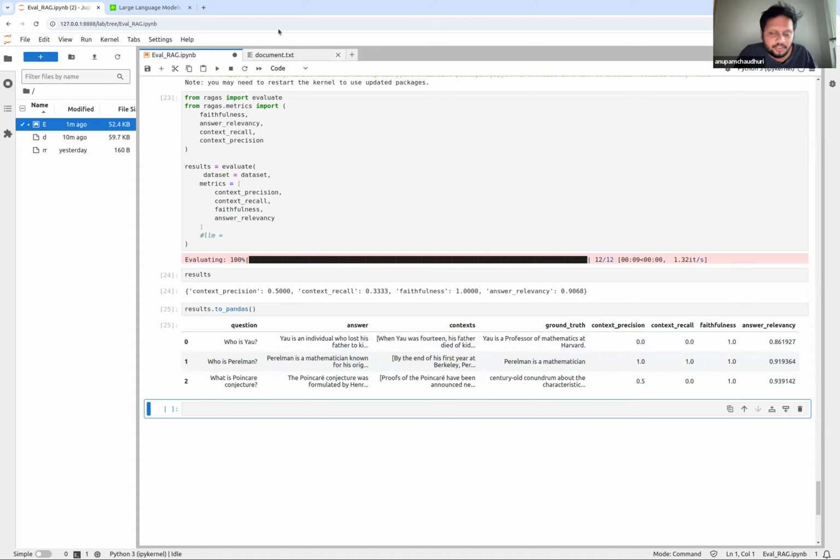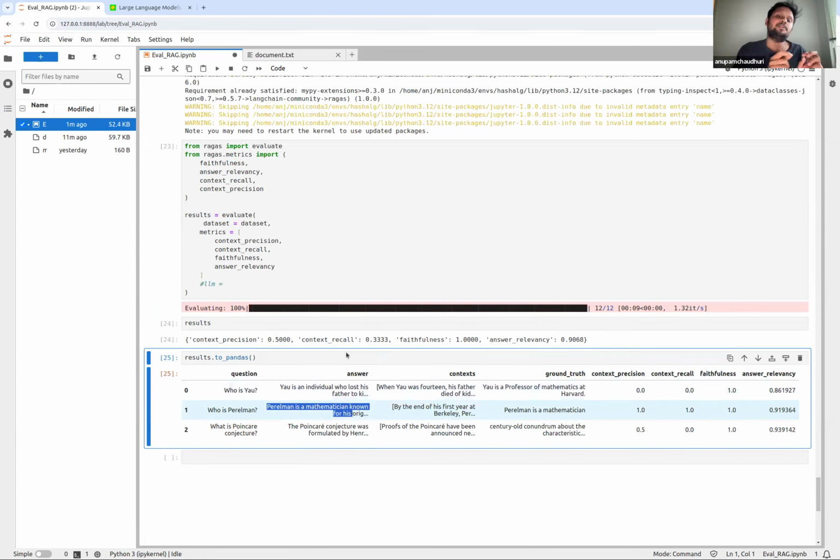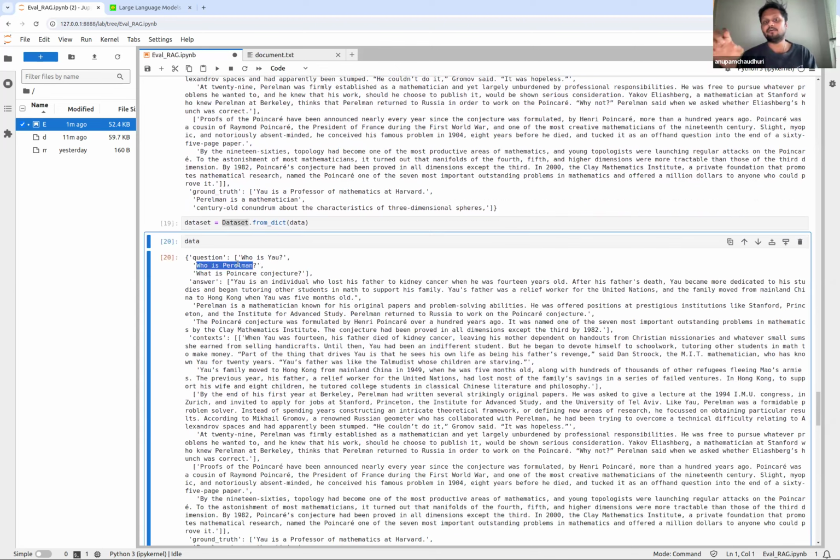For example, if we look at row 2, who is Perelman? This is the answer it gave, and the context means the document, the chunk, so it also tells how it formed the answer by taking information from that chunk.